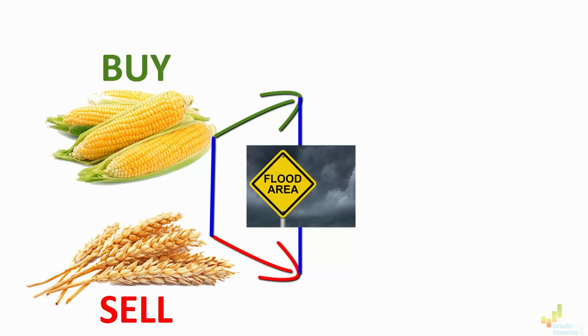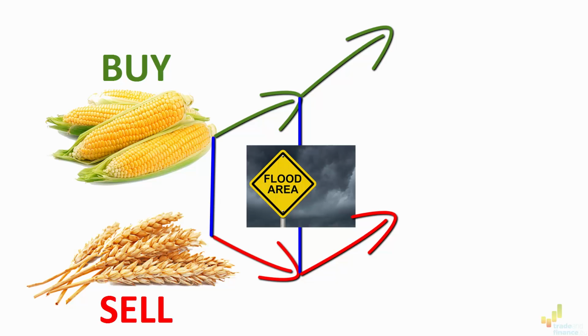The expected price of wheat started rising, and at the same time the price of corn got much higher than foreseen. You can notice that if we only traded wheat on its own, we would start losing our money as the seasonality didn't work due to the unexpected flood.